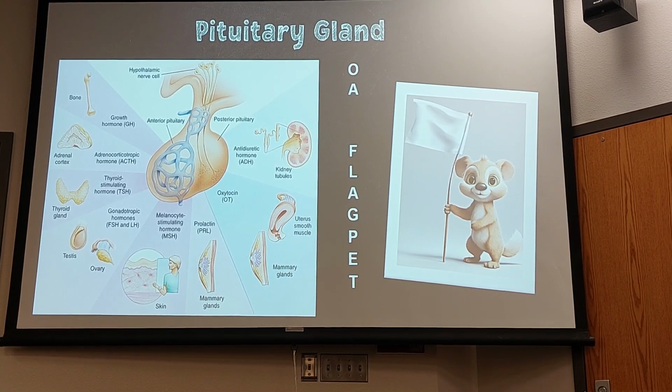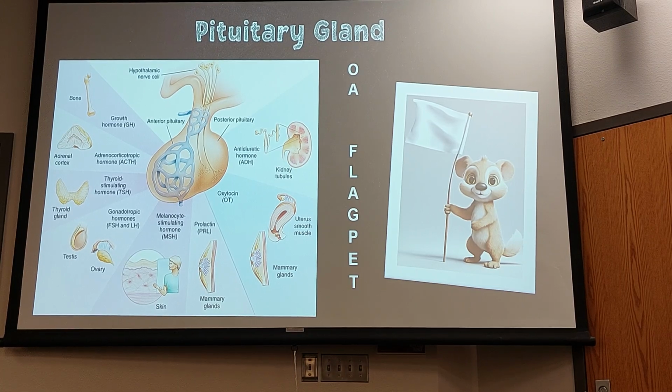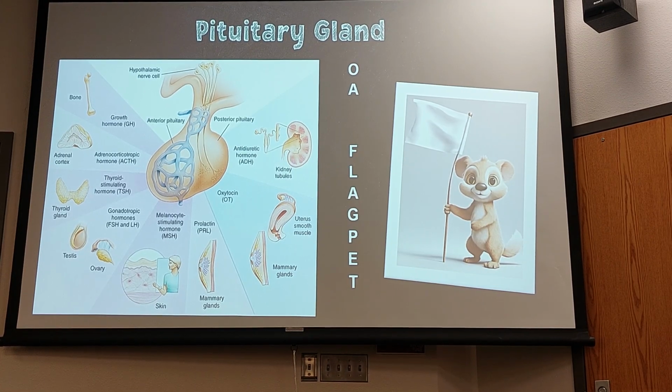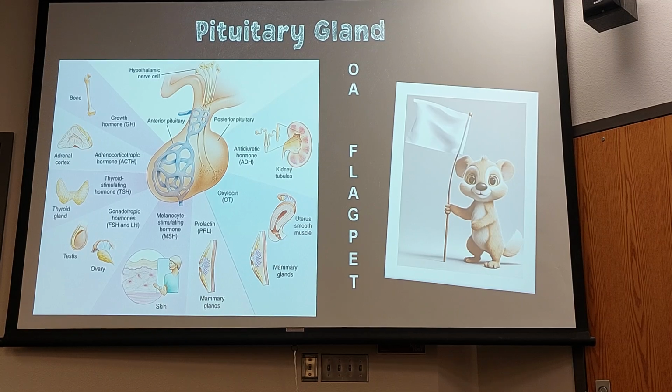And then flag pet is all the other, the anterior pituitary hormones. So the follicle stimulating hormone, luteinizing hormone, adrenocorticotropic hormone, growth hormone, prolactin, endorphins, which is not really on here, but that's the E part, and then T, what's left, thyroid stimulating hormone.